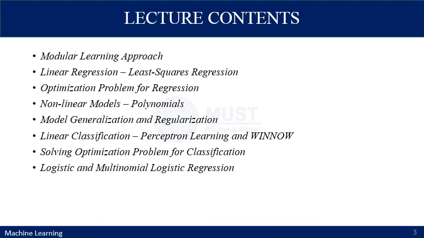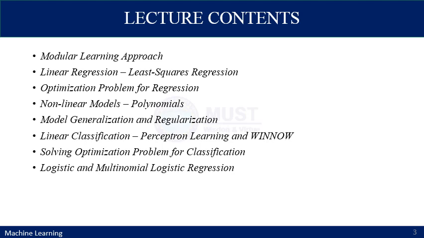So similar concepts which we will employ in linear regression can also be incorporated in linear classification. We will also look at two simple learning algorithms in classification named perceptron learning and Winnow multiplicative rule.